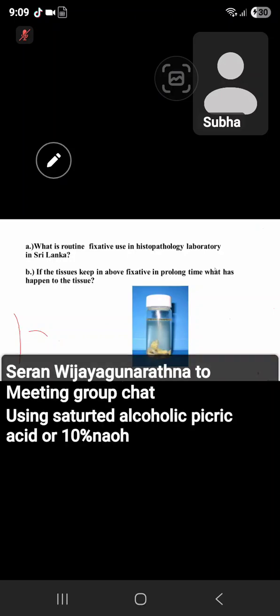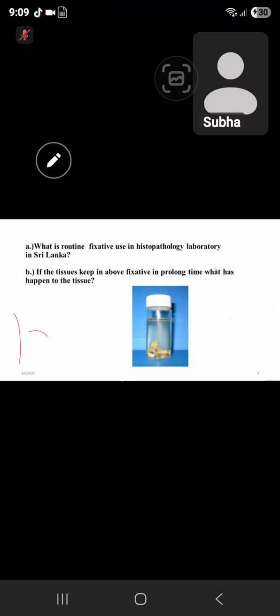It is the mechanism. So using saturated alcoholic picric acid or 10% sodium hydroxide, you can remove formalin pigments.